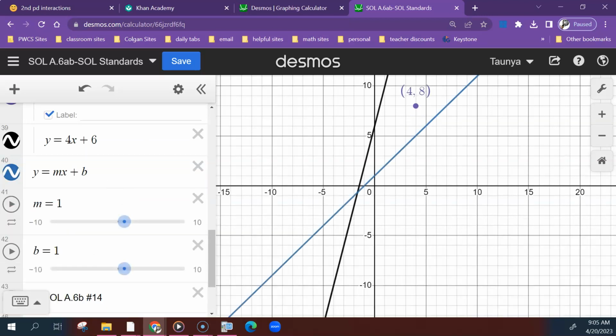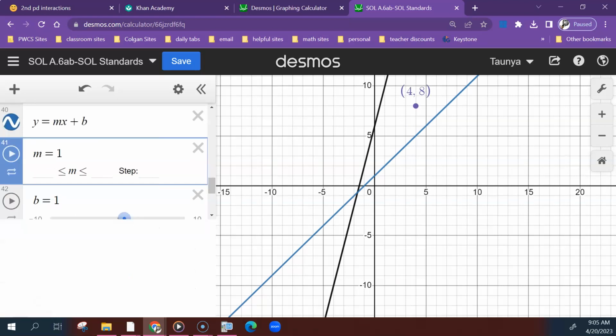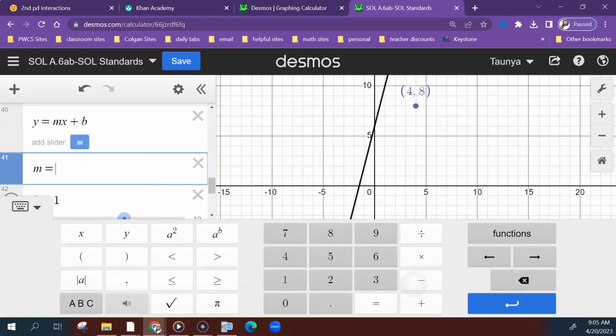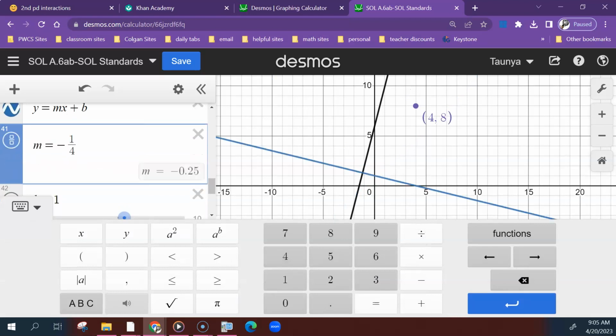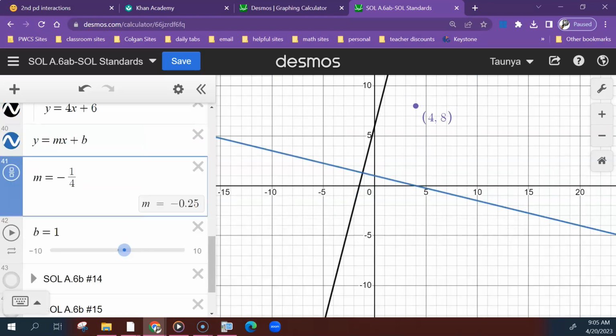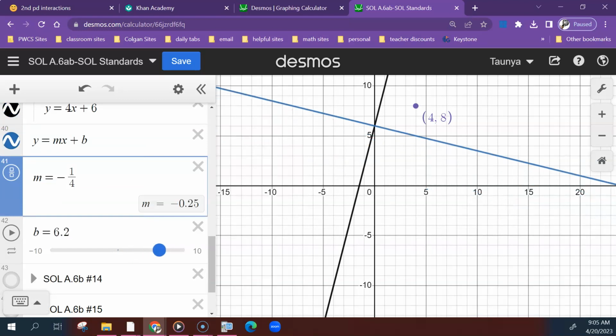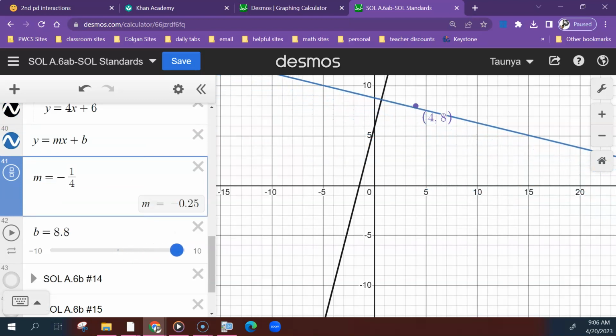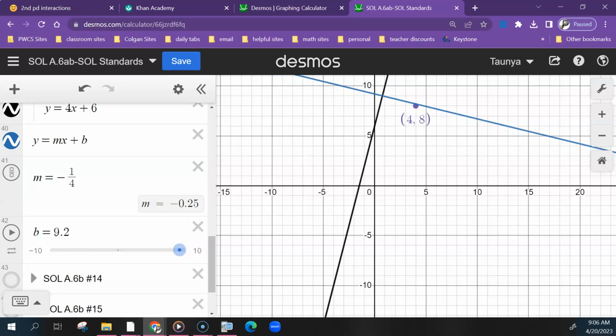Change your slope to the negative reciprocal, so -1/4. And then adjust this until it goes through that point. It was 9, but then I moved away from it. It was supposed to be 9. So then -1/4 plus 9 would have been your answer, and you can keep doing that.